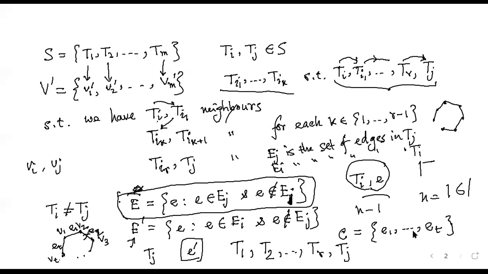When we have exhausted E and we have completely incorporated E prime. Note that the cardinalities of E and E prime are the same, because Ti and Tj both have n-1 edges, where n is the number of vertices. So the number of edges missing in one set will be the same as the number of edges missing in the other.